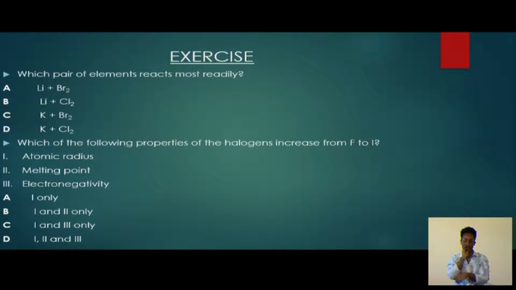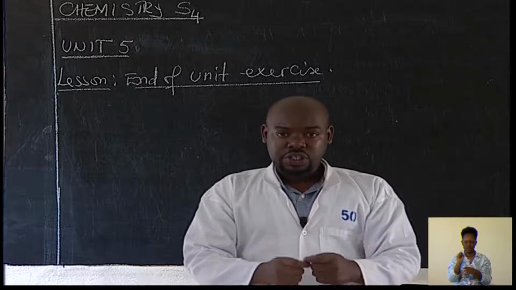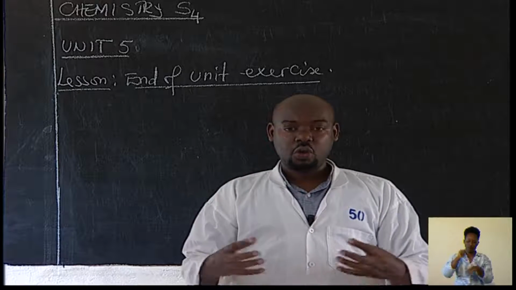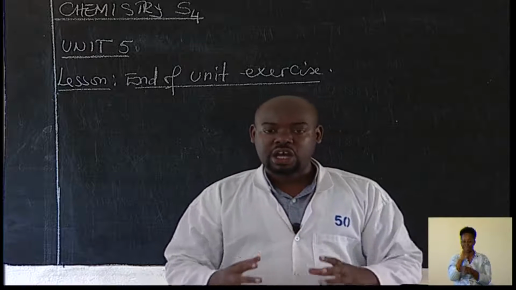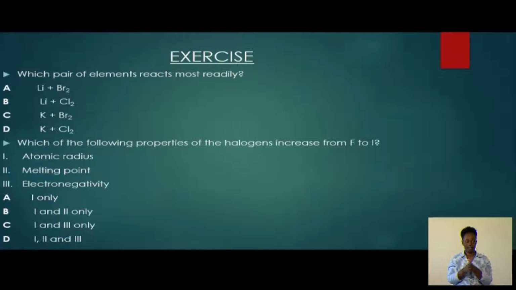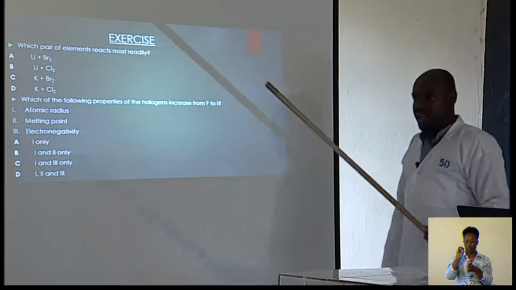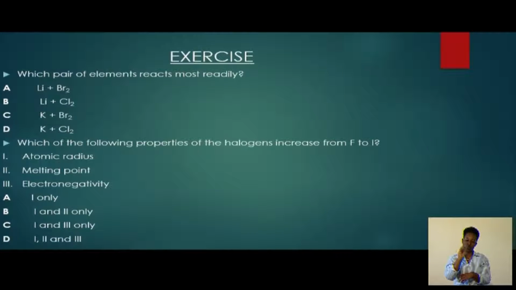Remember, in non-metals, the gaining ability reduces as you go down the group. Why? Because the nuclear attraction is becoming weaker and weaker as the size increases. So chlorine is the one which will gain the electron more easily than bromine.